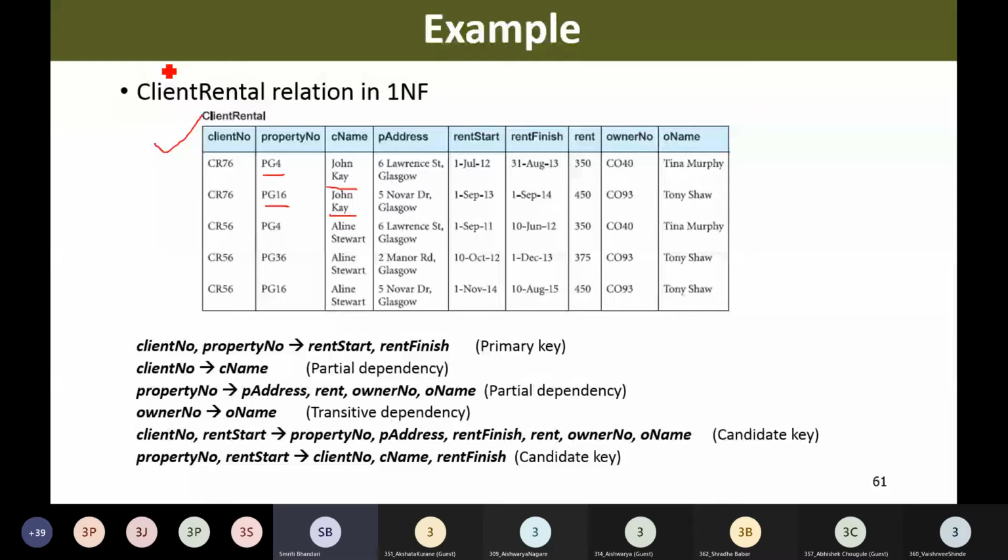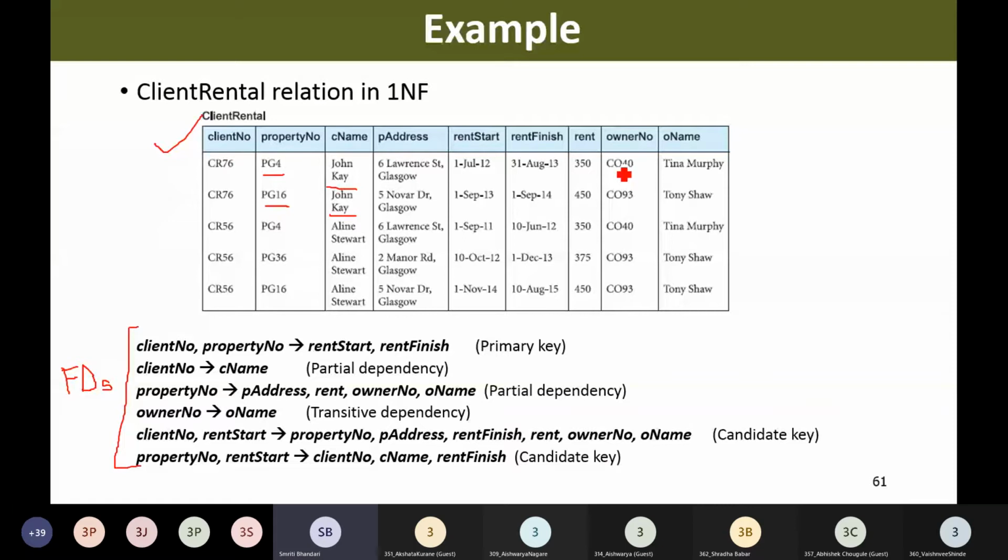Now, once we are having the relation in 1NF, the next step is we need to list out the functional dependencies for this relation. So we have listed out here the functional dependencies. What are those functional dependencies? We have found out for this relation that client number, property number is the primary key.